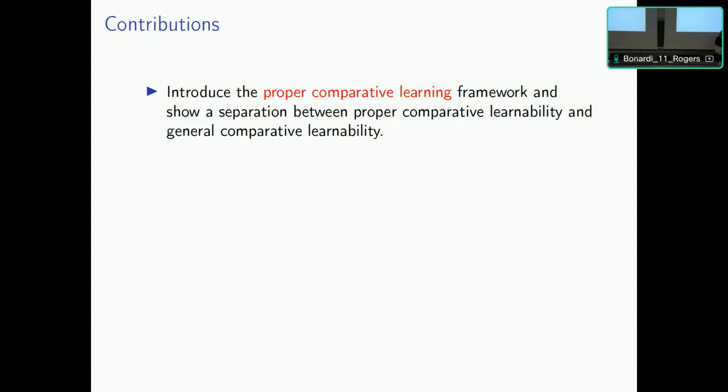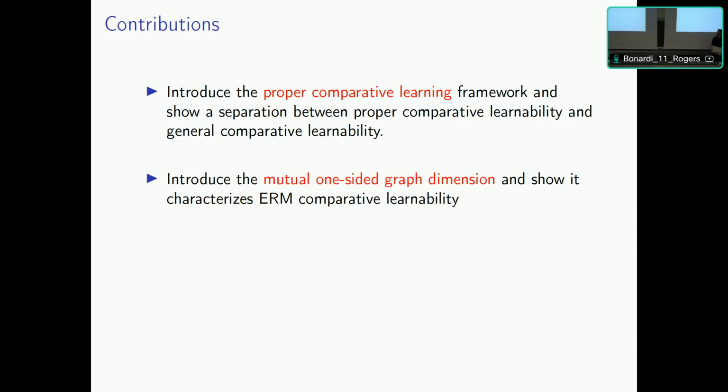To summarize our contributions, we introduced the proper comparative learning setup, and we showed that there is a separation between proper learnability and general learnability. Then we also defined this new dimension, mutual one-sided graph dimension, and showed that it controls the benchmark ERM learnability.